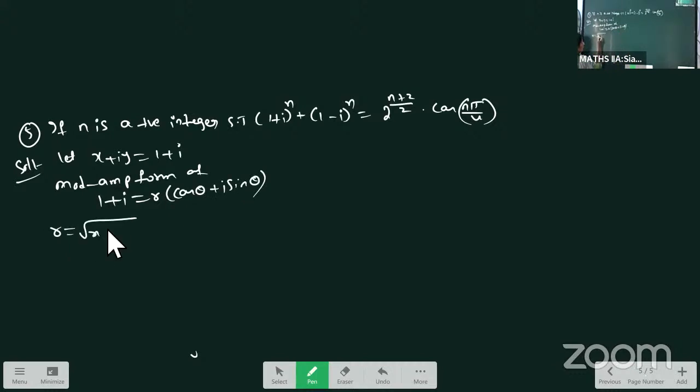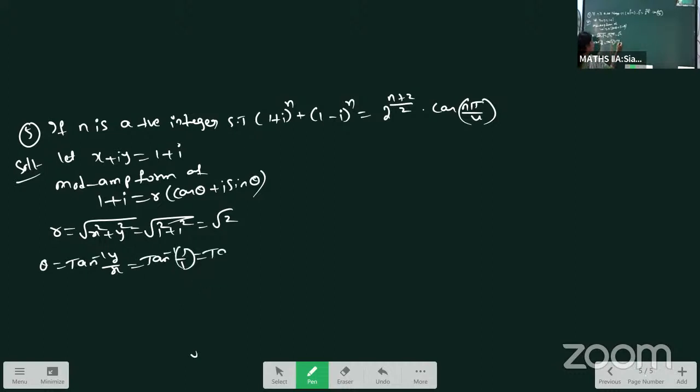Square root of x squared plus y squared, that is 1 squared plus 1 squared, which is 1 plus 1, root 2. Theta is equal to tan inverse y by x. So y value is 1 and x value is also 1. So we get tan inverse of 1. So theta is equal to tan inverse, which angle has tan 1? Pi by 4. Keep this aside.